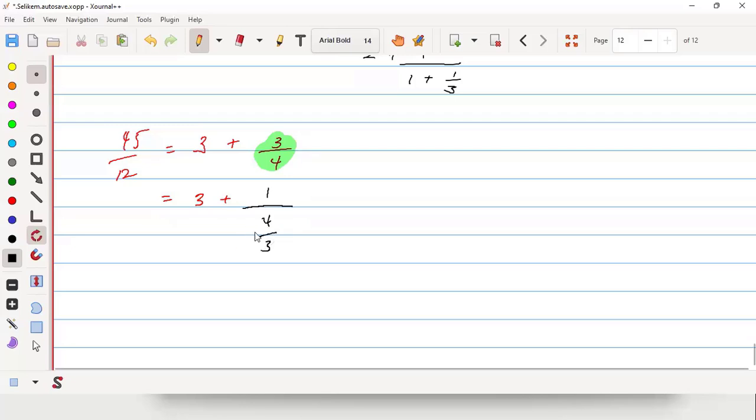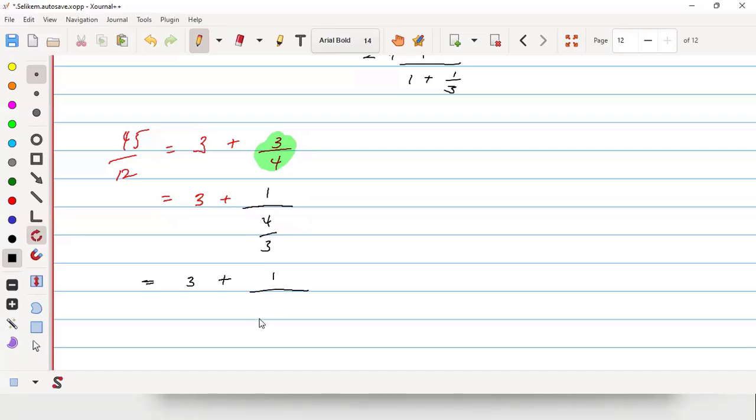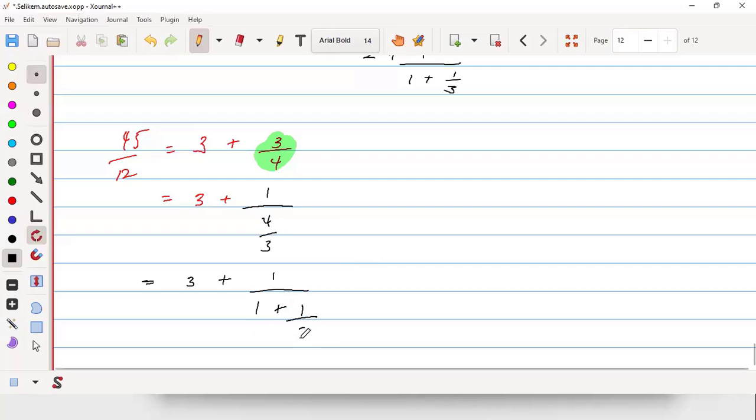So this will be 3 plus 1 over 4 over 3, which is a mixed fraction, so you write 1 plus 1 over 3.